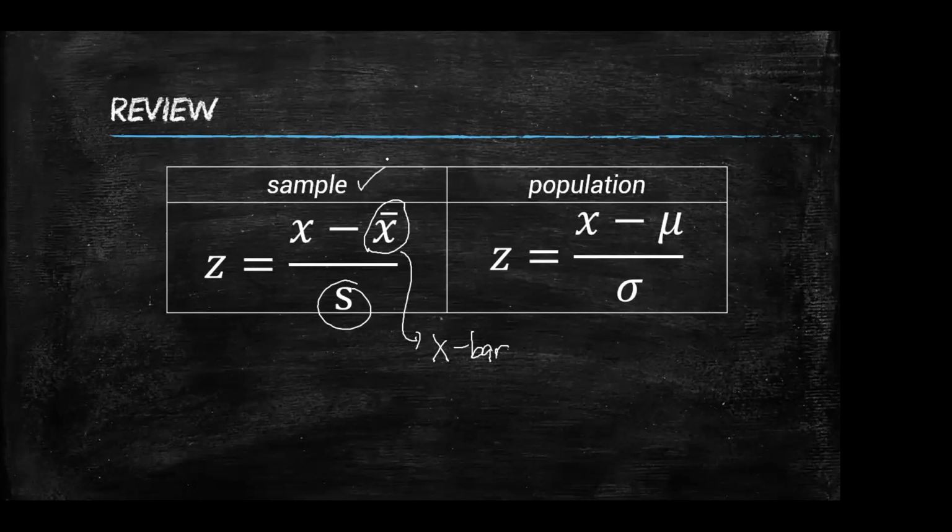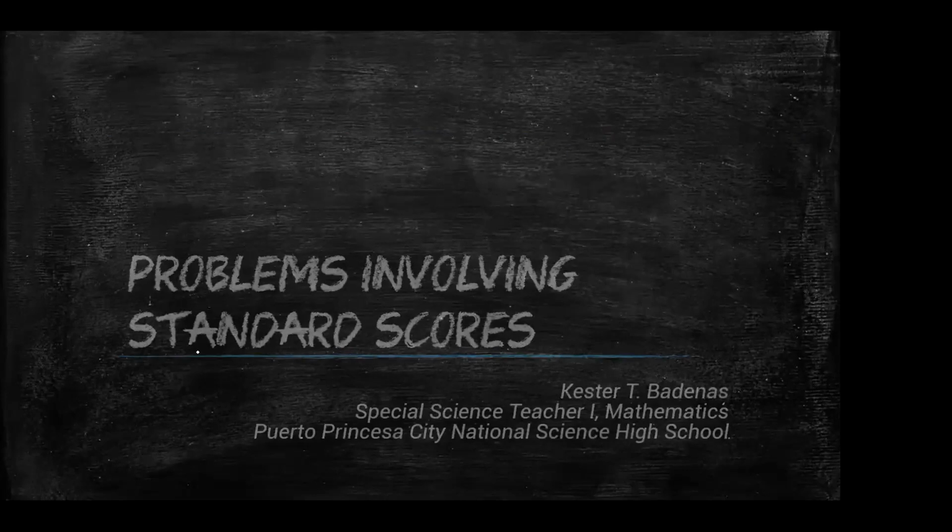Ngayon, class, katulad ng sinabi ko, similar lang siya. Kung ano yung meron sa population, yun din yung meron sa sample. Ginamit lang natin yung magkaibang notation kasi it is important to know that these symbols are different and used in different ways. Sa population naman, we have the z-score formula, which is x minus mu over sigma.